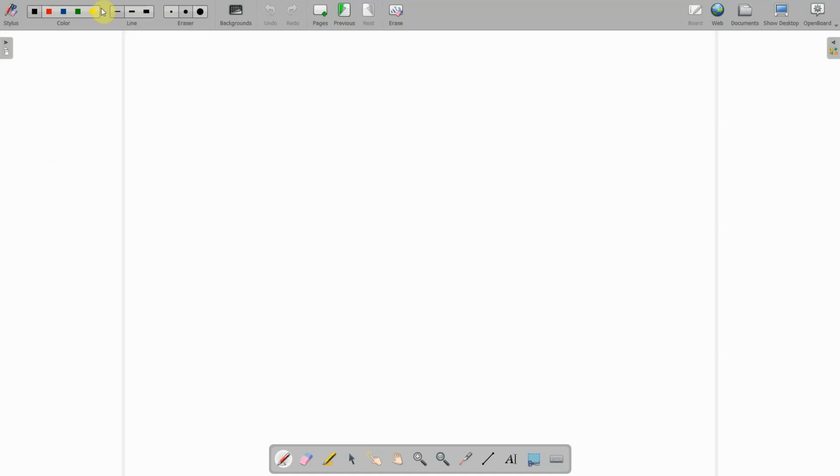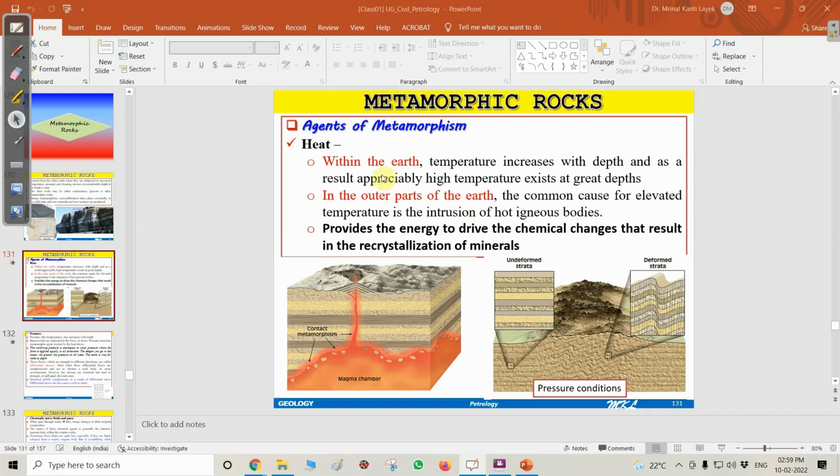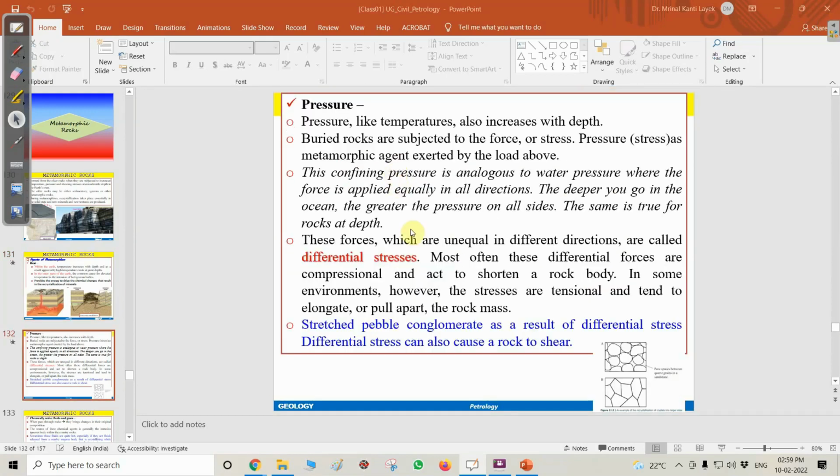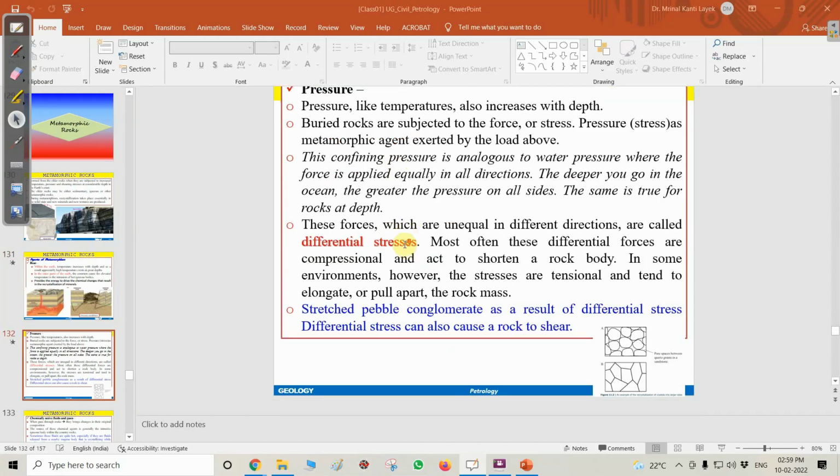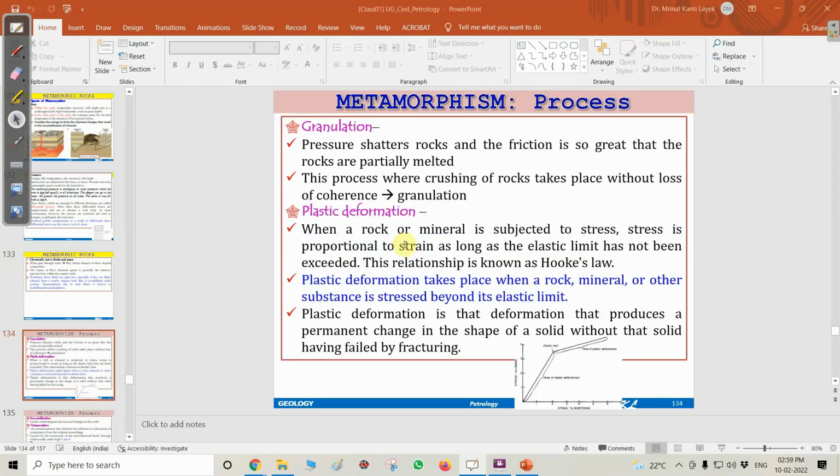So what are the processes of metamorphism, if you ask? Those were the agents of metamorphism, meaning which parameters or factors are responsible for a metamorphism event. Now we'll be discussing the processes of metamorphism. What actually happens in a metamorphism? The first is granulation. This happens due to pressure, and pressure generally shatters the rock, making small fragments of the rock.